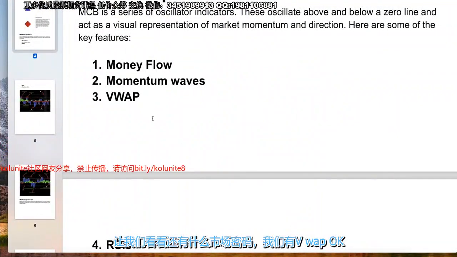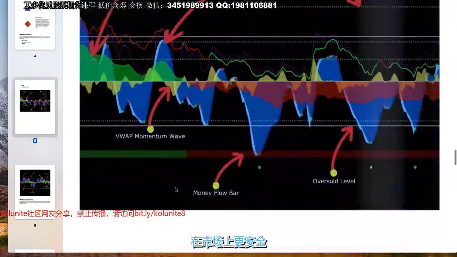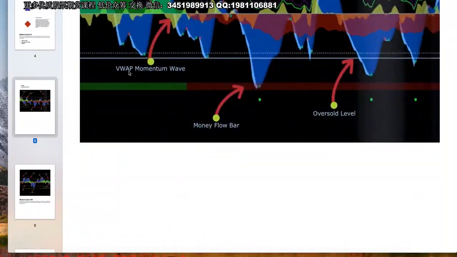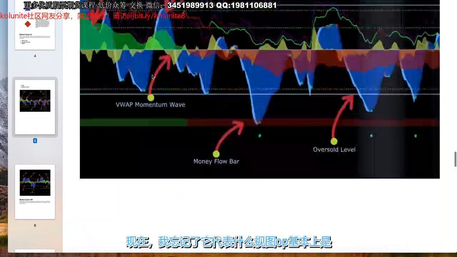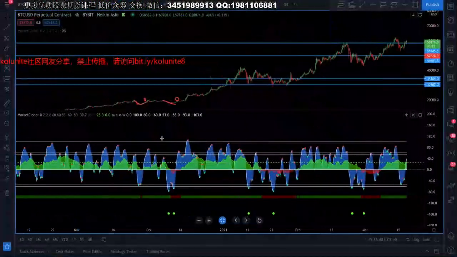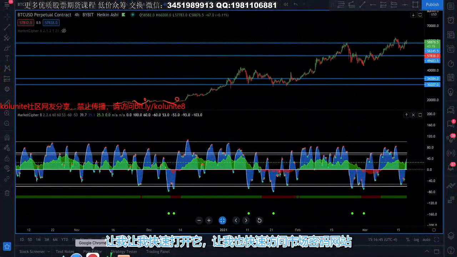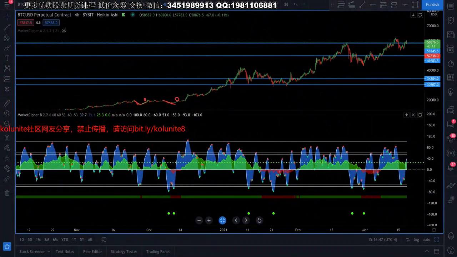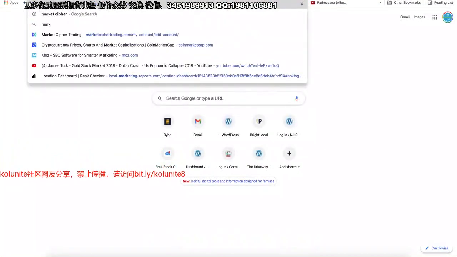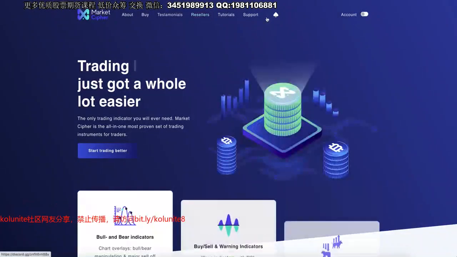We have the VWAP, okay? This is the VWAP on Market Cipher B, the volume weighted, I forget what it stands for. Let me turn it on real quick, and let me go to the Market Cipher website real quick to get the actual definition for you, because I don't want to speak wrongly here.